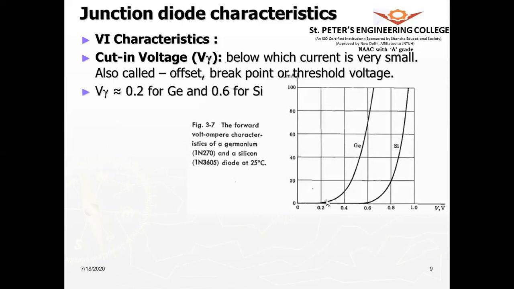Though here it is shown as 0.2 and 0.6, in general, for practical purposes, we take V gamma, the cut-in voltage, as 0.3 volts for a germanium diode and 0.7 volts for silicon.